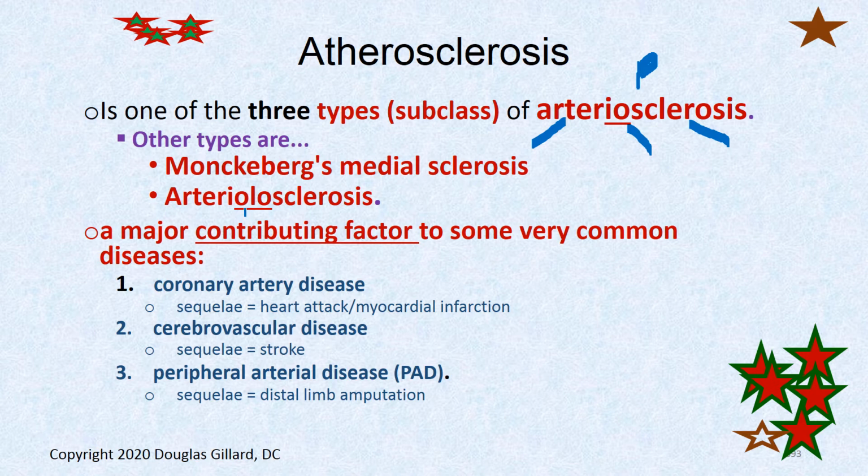Then we have arteriolosclerosis. The number one cause of hypertension is the presence of arteriolosclerosis, right? And then, of course, atherosclerosis, this one right up here. That's the third member.